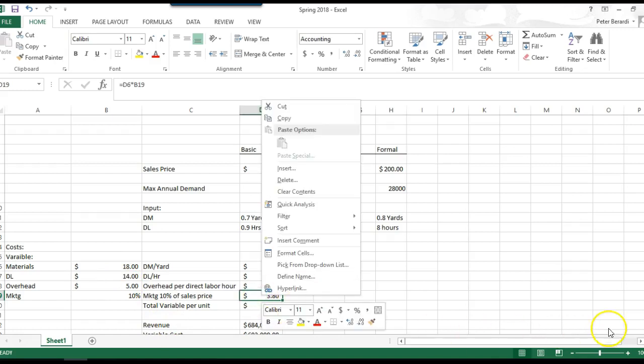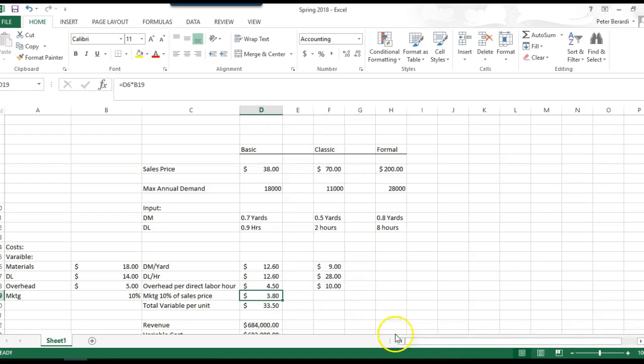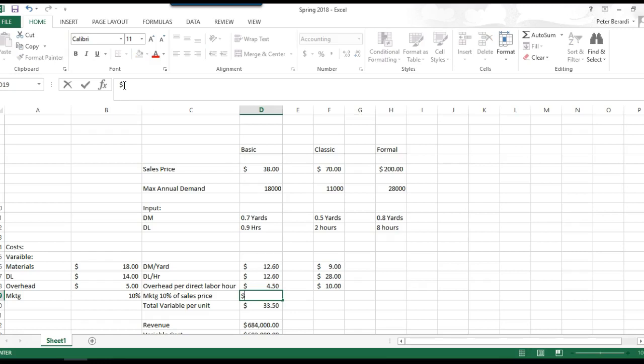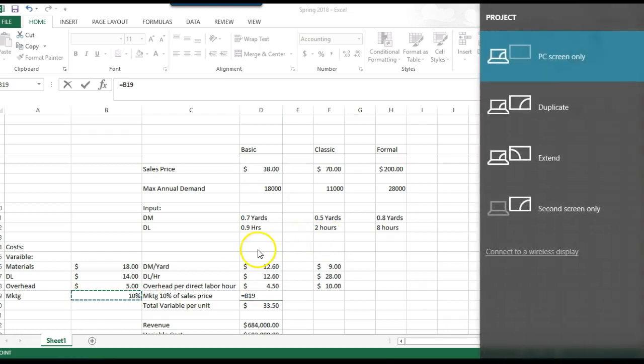And basically, this formula, put an F4 there to lock that in.